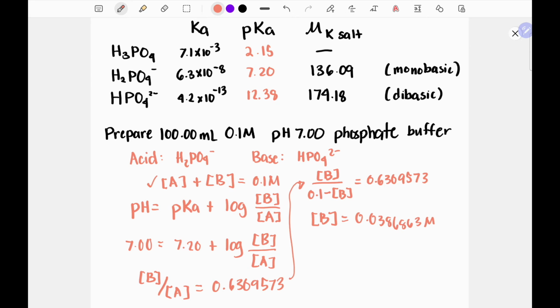Following the same logic, A plus B should be 0.1. A is then 0.1 minus this value, 0.0386863. It should be 0.0613137 molar.